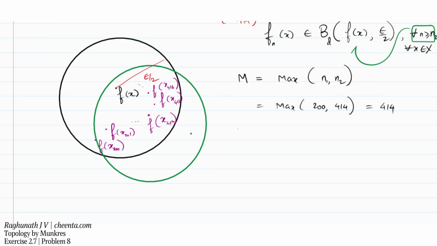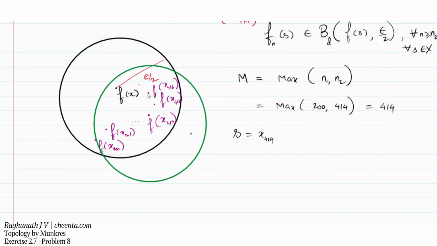Here x is what? Let us take this to be s, so that we are not confused with the terms. So s and f of s for all s in X. Let us consider that s to be x414 now.